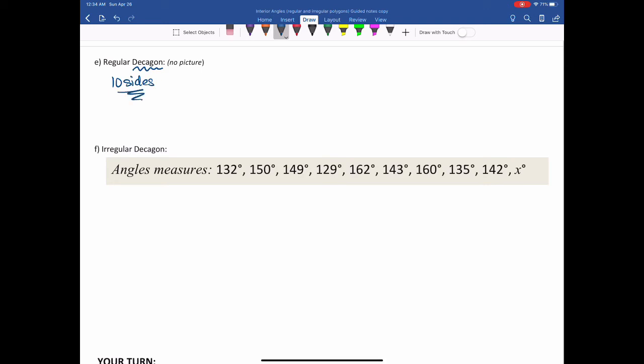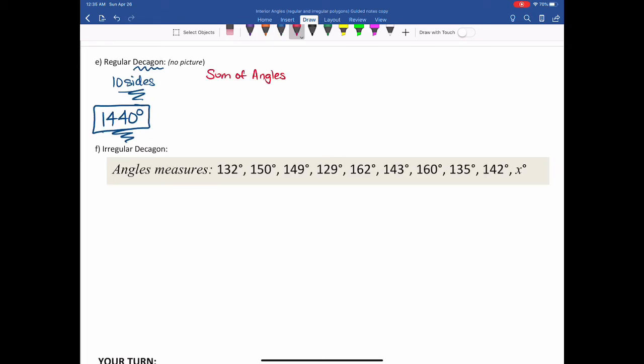That's a 10-sided polygon. If you could look at the first sheet there, you're going to look at what a decagon has. All right, so a decagon has 1,440 degrees. Okay, so to figure out what just one angle of that decagon equals, we're going to do the sum of the angles.